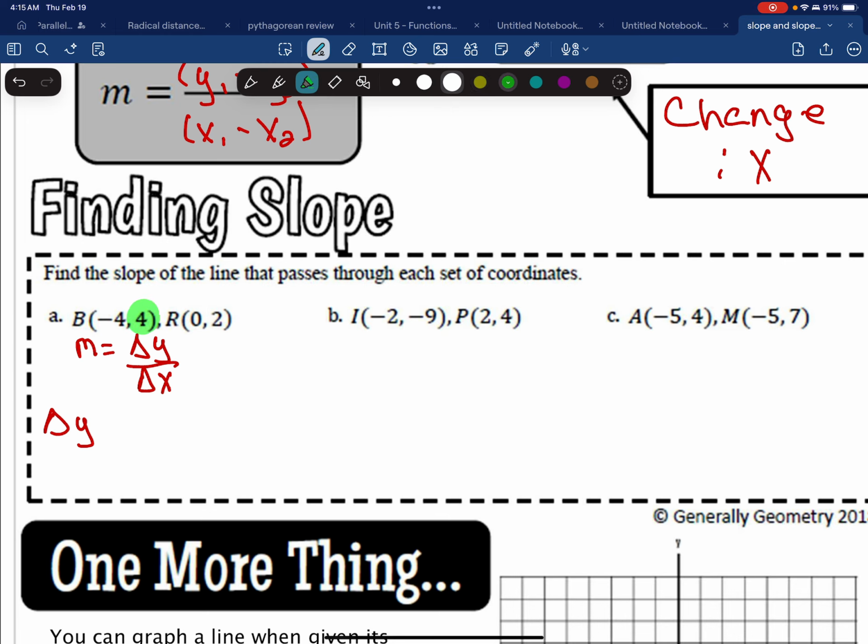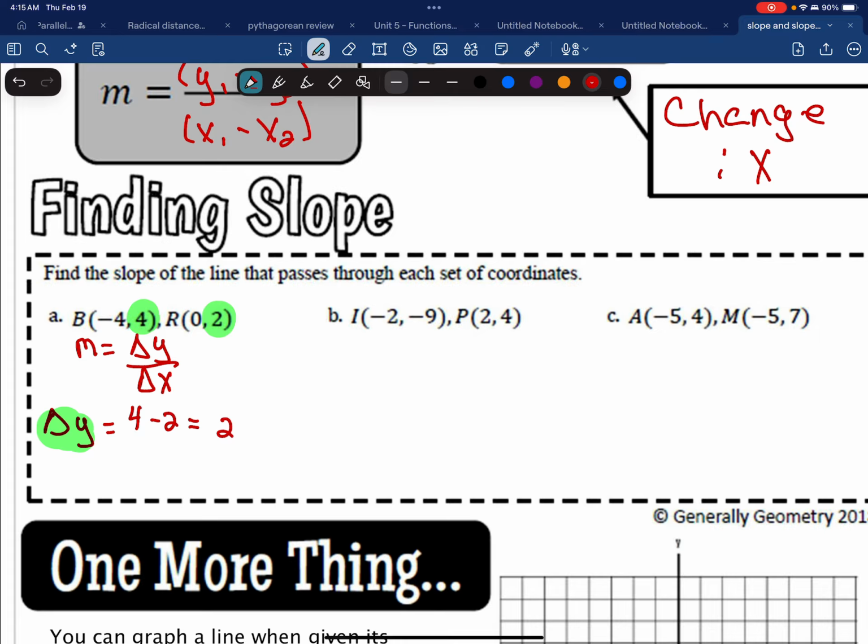That would be 4 and 2, so 4 minus 2, which simply gives me 2. Remember, with slope, we're not dealing with distance, so we don't have to use absolute values. We want to know what's negative and what's positive.